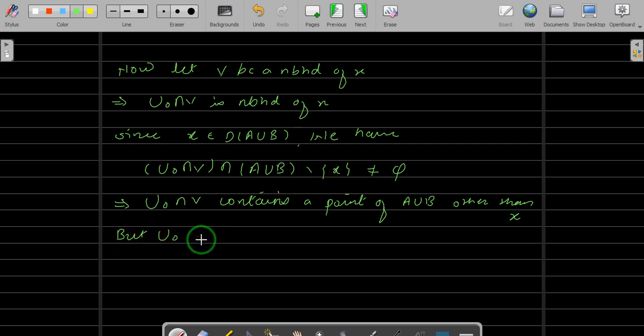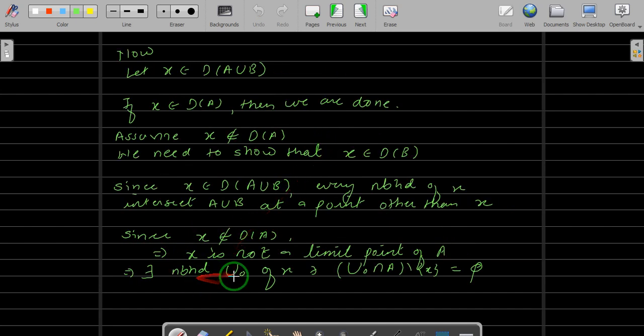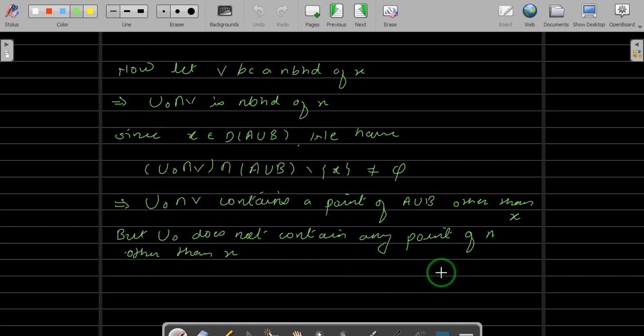But we know that u naught does not contain any point of A other than x. This is the fact we know. Let me show you back: u naught does not contain a point of A other than x, right?